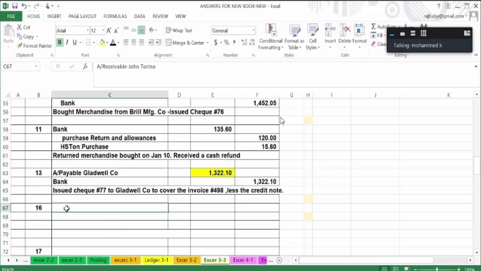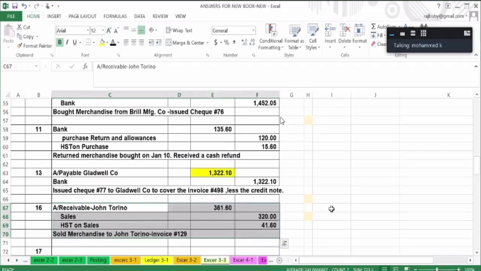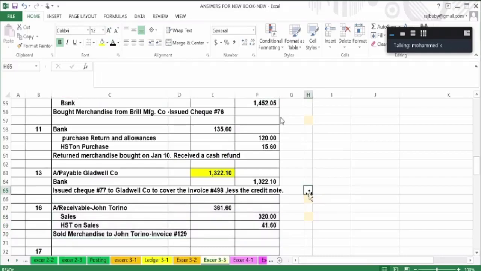So we'll debit the accounts receivable for John Torino, and then we have to credit 320 and 41.60 on the other side: sales and HST on sales, and then we add them and put them on the debit side.